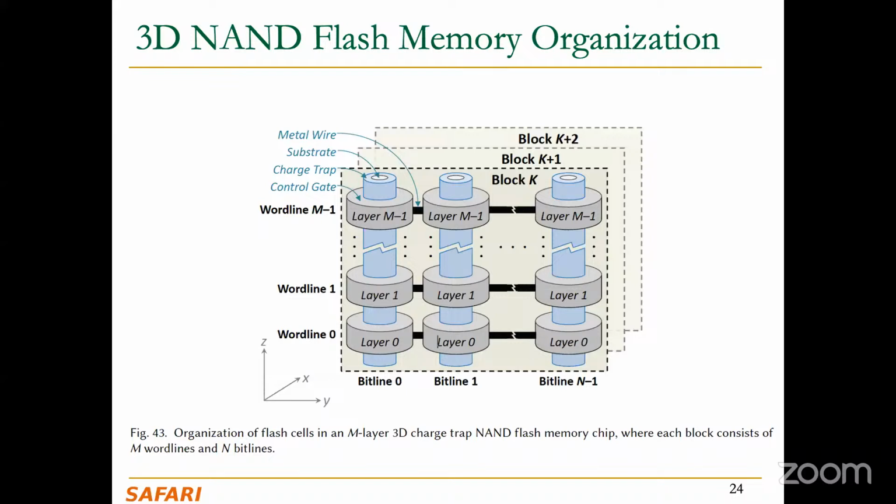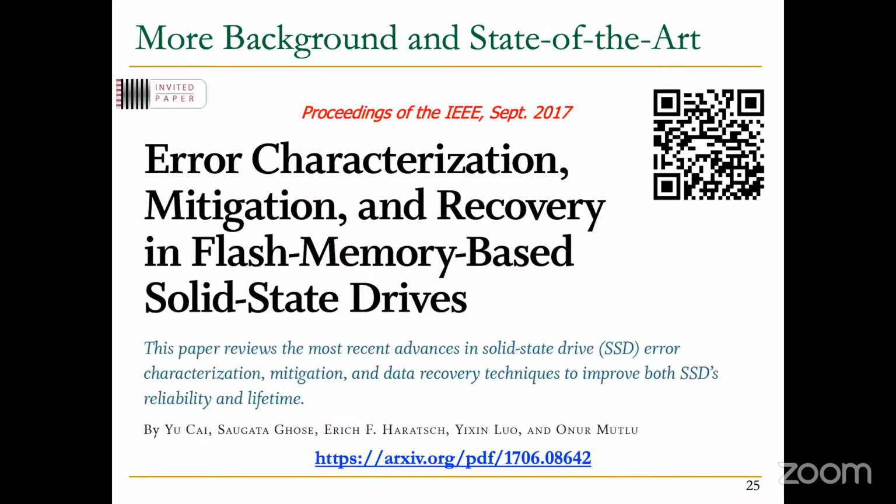We will also cover more background of 3D NAND flash memory when we discuss its reliability issues. If you are interested in learning more background and state of the art, I would suggest that you check this paper, which we will also assign as one of the reviews: error characterization, mitigation, and recovery in flash memory-based solid-state drives.